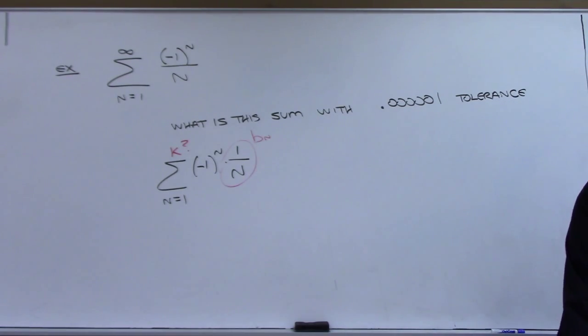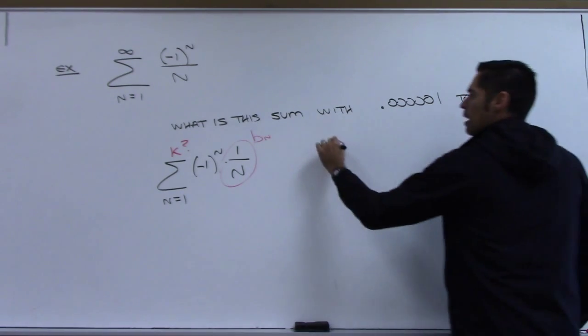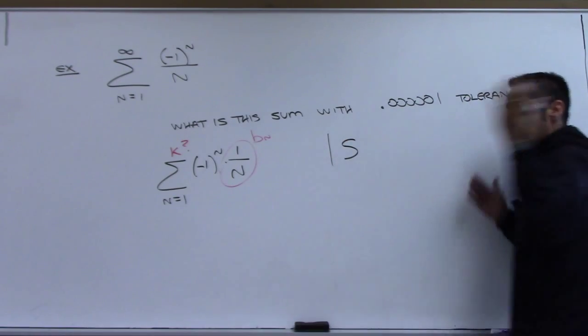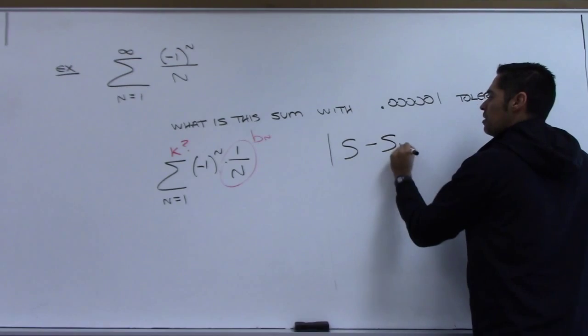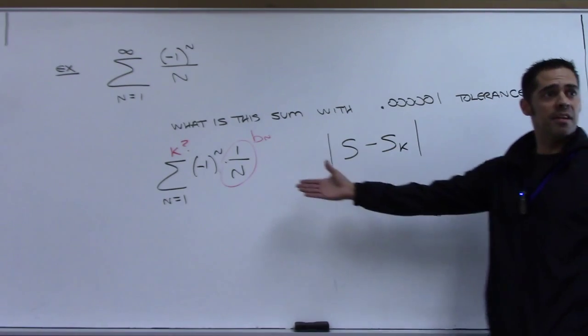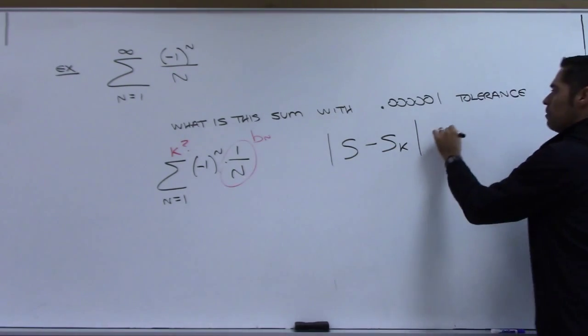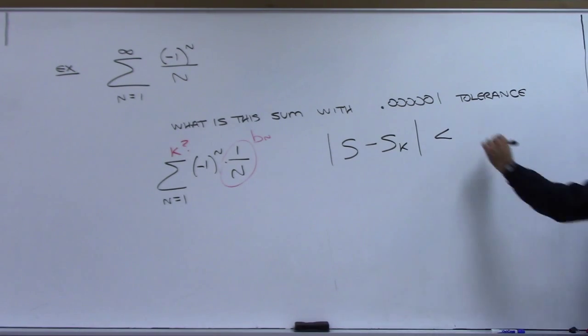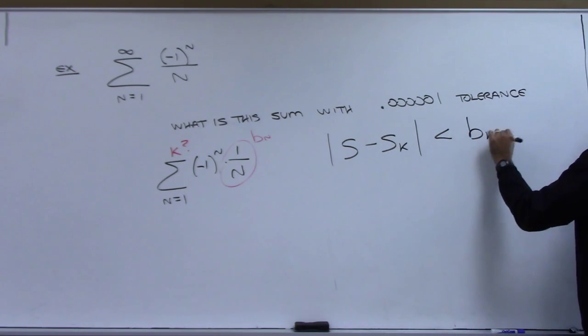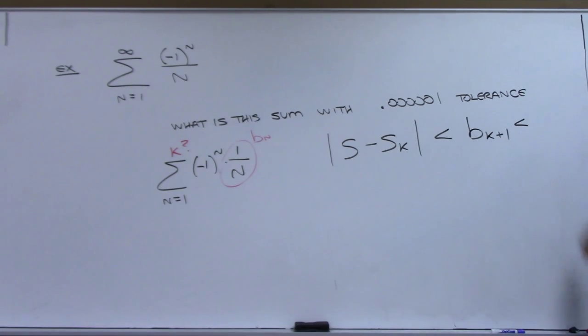What does the estimation theorem tell us? It says that the true sum, which we have no idea what it is, minus our approximation, s sub k, has to be less than what? B sub k plus 1. But we want that to be less than what?